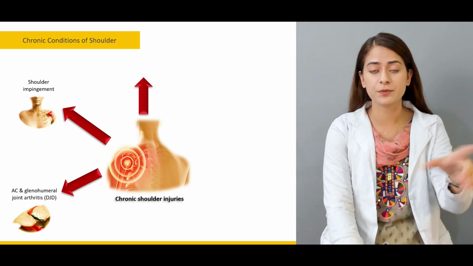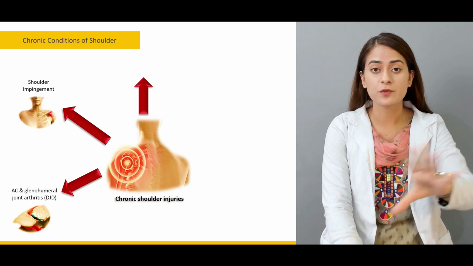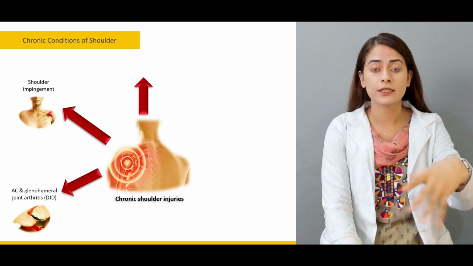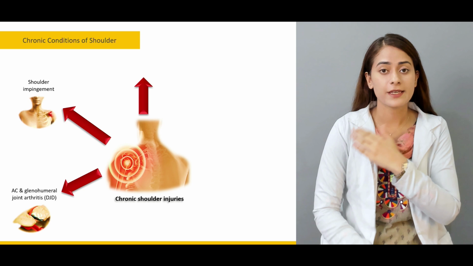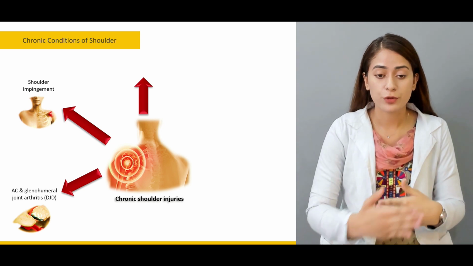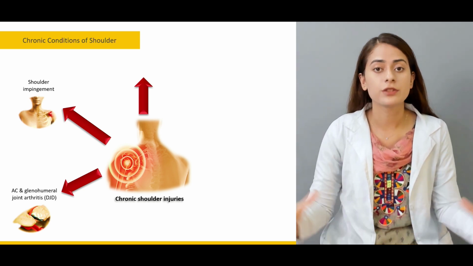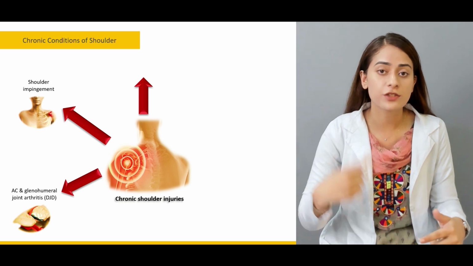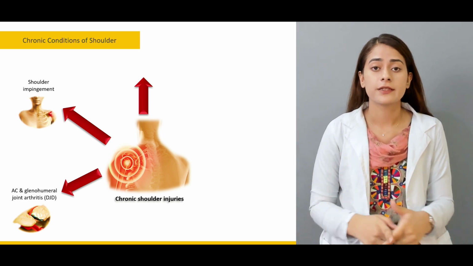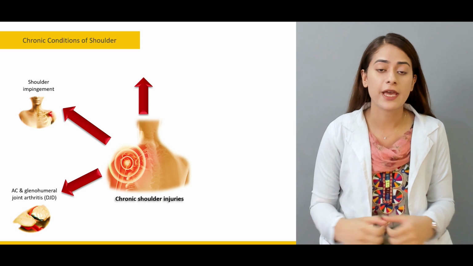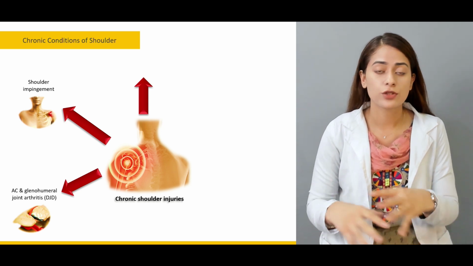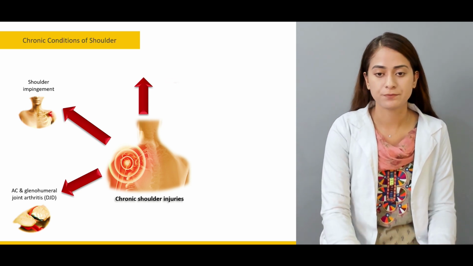So, let's go back to shoulder impingement. We're talking about this in chronic terms, so this is happening progressively over a long duration of time. Constant stress on the tendons leads to impingement and their calcification or rupture. We will talk about that.